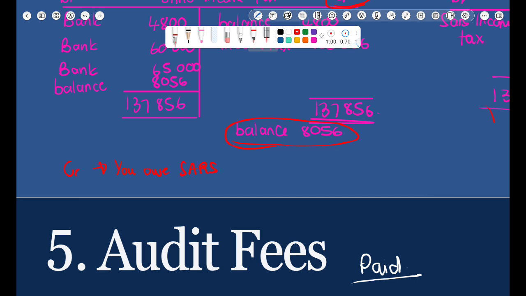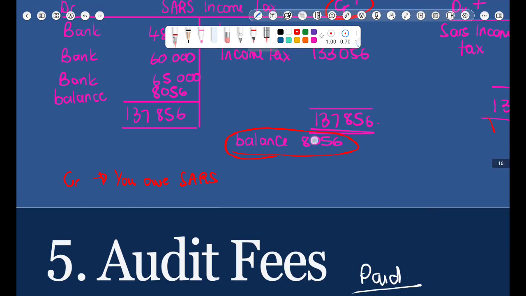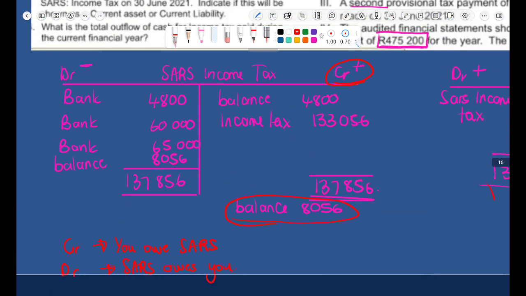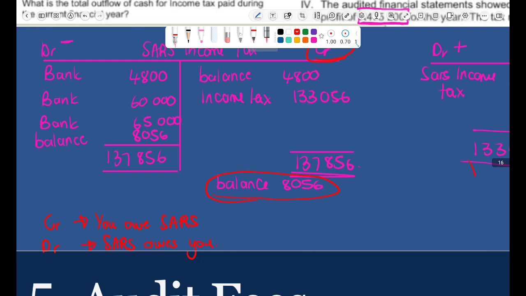But let's say this closing balance was not on the credit side, but it was on the debit side. So whenever it's on the debit side, it means that SARS owes you, right? So in this case, we can see that our closing balance is on the credit side, so it means that the business owes SARS.